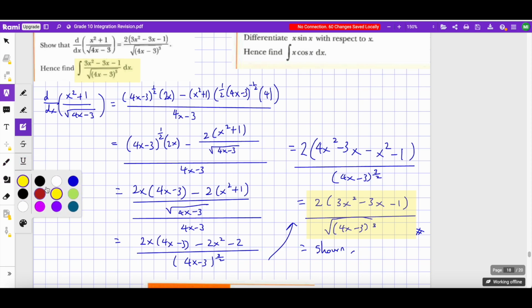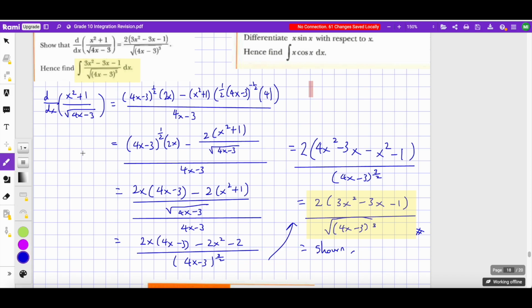So, if we were to integrate 3x squared minus 3x minus 1 over root of 4x minus 3 to the power of 3 dx, what we want to do here is try to make it the previous form, in this case with a 2 in front of the 3x squared minus 3x minus 1.